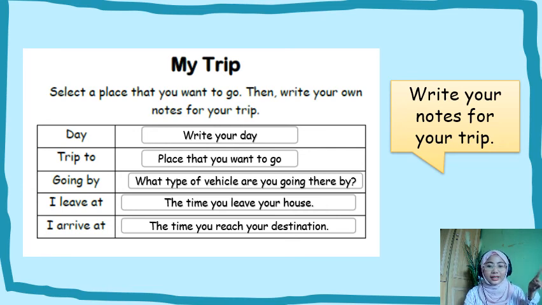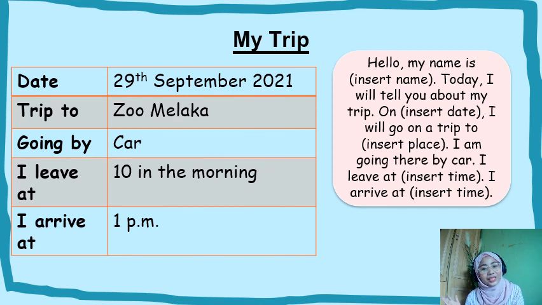If not, this is an example of the work. Date: 29th September 2021. Trip to Zoo Malacca. I'm going by car. I leave at 10 in the morning and I arrive there at 1 p.m.